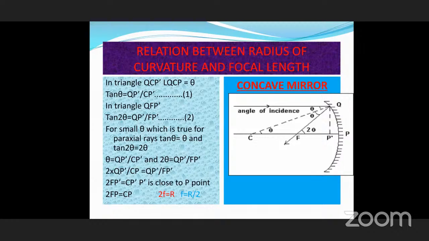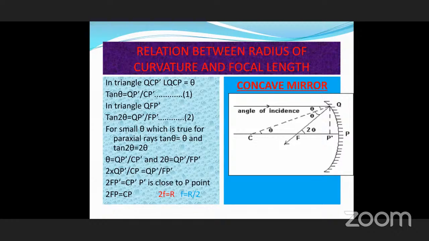So equating equations 1 and 2, you can write theta is equal to QP dash by CP dash, and 2 theta is equal to QP dash by FP dash. Now 2 theta is QP dash by FP dash, therefore you substitute the theta value here. So 2 into QP dash by CP dash is equal to QP dash by FP dash.